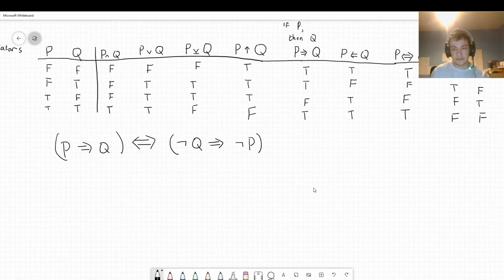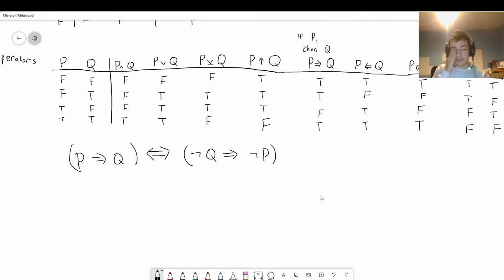Good. And so this is how we can build up a proof by contradiction. If we suppose that P implies Q, then we work out something satisfies not Q, then we show that that would cause P to be false. That's how a proof by contradiction works.